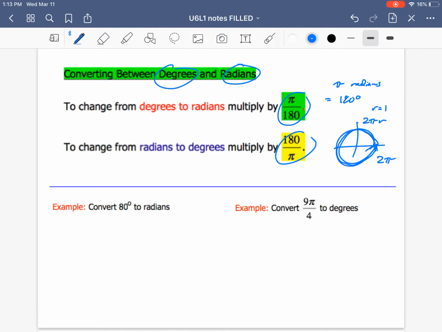And if the whole distance is 2 pi, well, that means the angle that I rotate around in terms of radians is 2 pi. Okay, and that is the same thing as 360 degrees. So if we're saying these two are the same, then we can say that pi radians is 180 degrees.